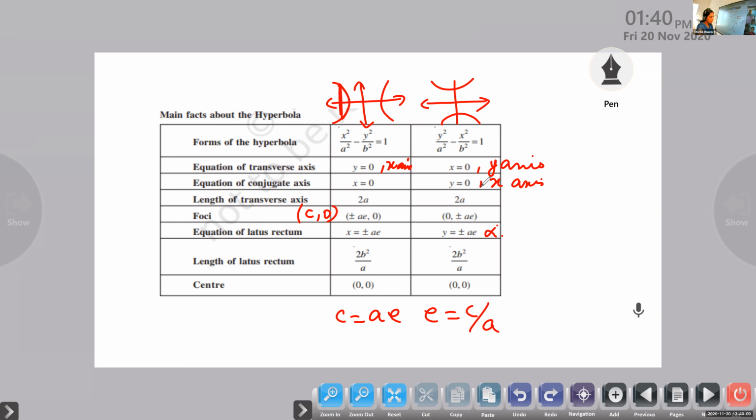I'll copy this one. You copy this. So learn this table. In the next class, I think the time is up, we'll be solving problems based on this table.